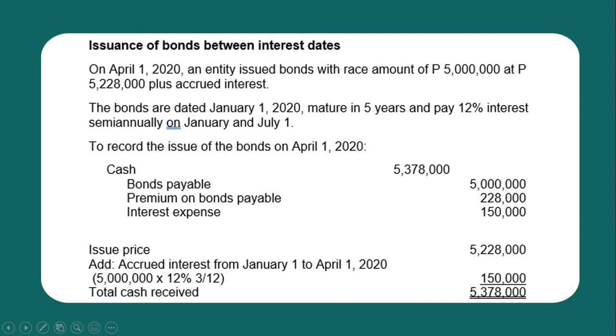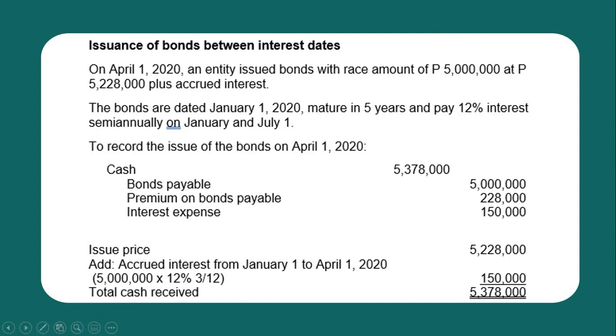But take note, ang atong amortization sa bond premium or discount will start from the date of issuance, regardless kung kanus-a ang date sa bonds. Pila ka bulan ang naglapse ani? That is 3 months. So, meaning, we are going to amortize the 228,000 premium for 4 years and 9 months only. Dili na full 5 years.